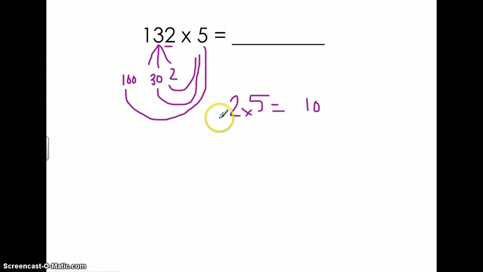I need to be careful to make sure that I'm lining up my place value as I get ready to add up my partial products. 30 times 5. 30 is a multiple of 10, so I add the 0 on the end, and then I do 5 times 3, which is 15. Am I doing a great job of lining up my place values?